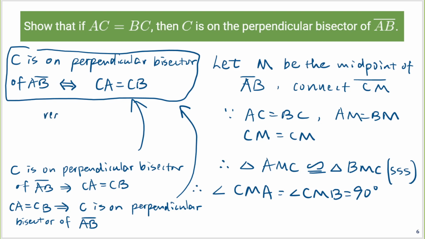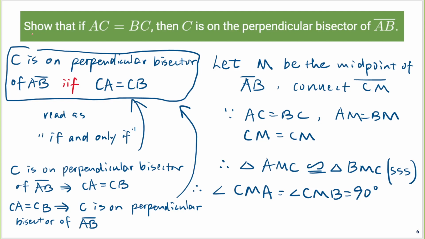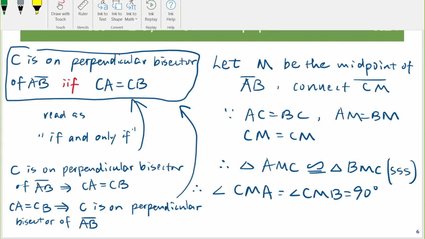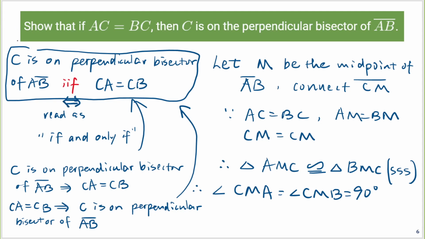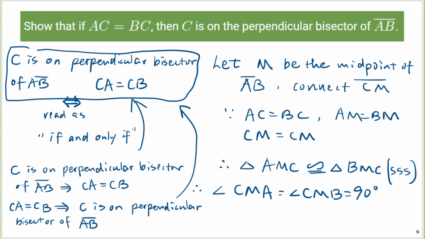It is read as "if and only if", which means you could go either way. Sometimes you could also use the abbreviation IFF, or bidirectional arrows. They are actually the same thing. Oh, sorry, my bad. It's not IIF, it should be IFF. If and only if.